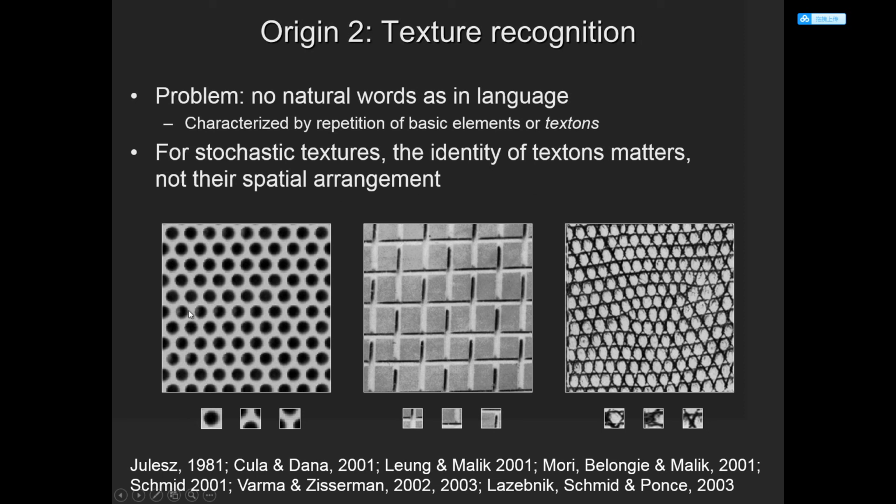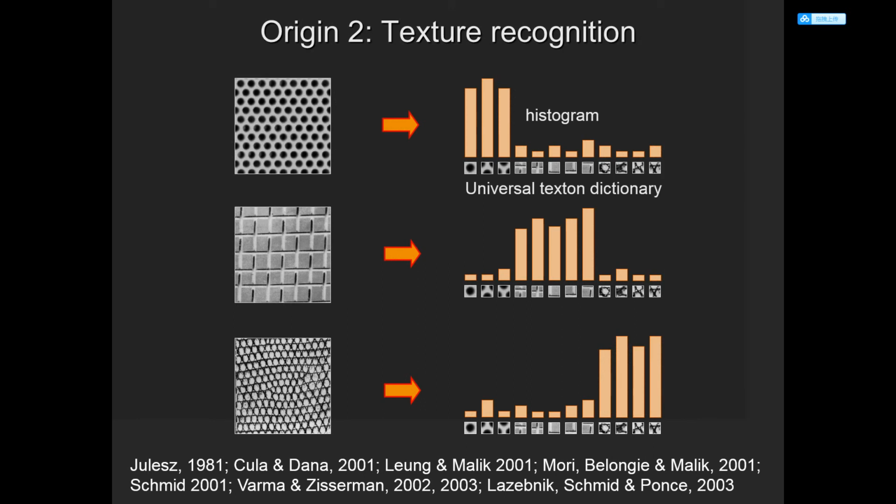If we have textures to classify, for one texture you expect to see more of these words or features here, and for another texture you see more of these other features. And we can get these words from training, as I just mentioned.